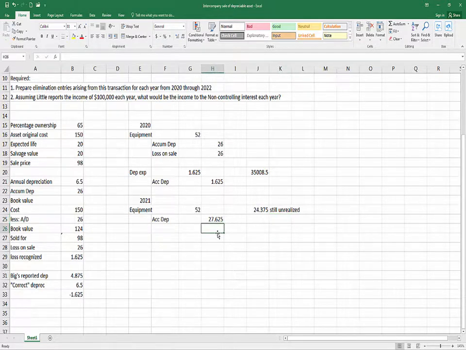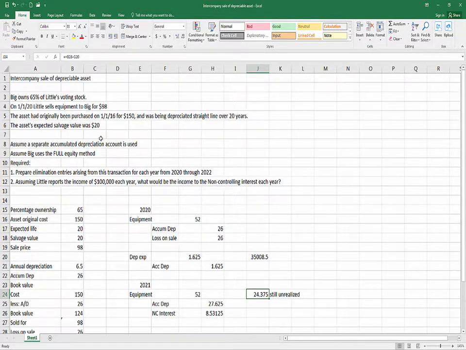Now again, here's where our two questions come in. Was this upstream or downstream? This was upstream, which means the non-controlling interest is going to get their share, 35%, of basically that. The parent's share, the other 65% of that 24,375, is, we have our other question, is the parent using the full or the partial equity method?